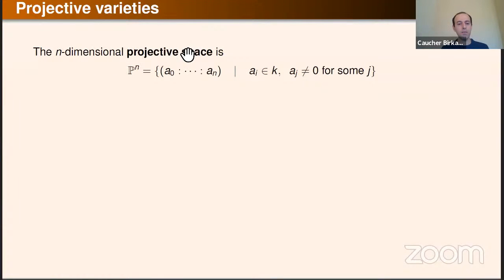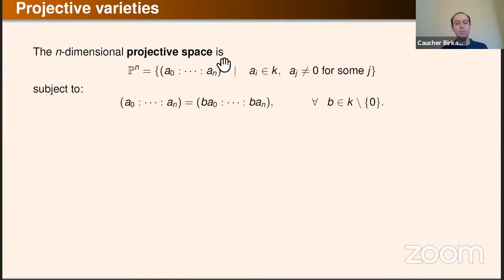Now, the n-dimensional projective space, by definition, is of this form, where you see that here we have n, but here we have n plus 1 coordinates. In the local case, we had exactly n coordinates. Here, it's a little bit different. We need n plus 1 coordinates. Again, all these numbers come from our field. They should not all be 0 at the same time.